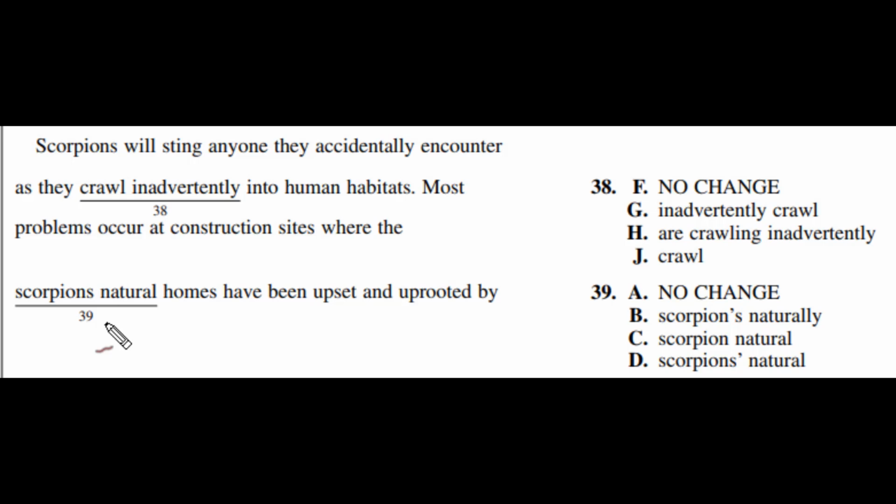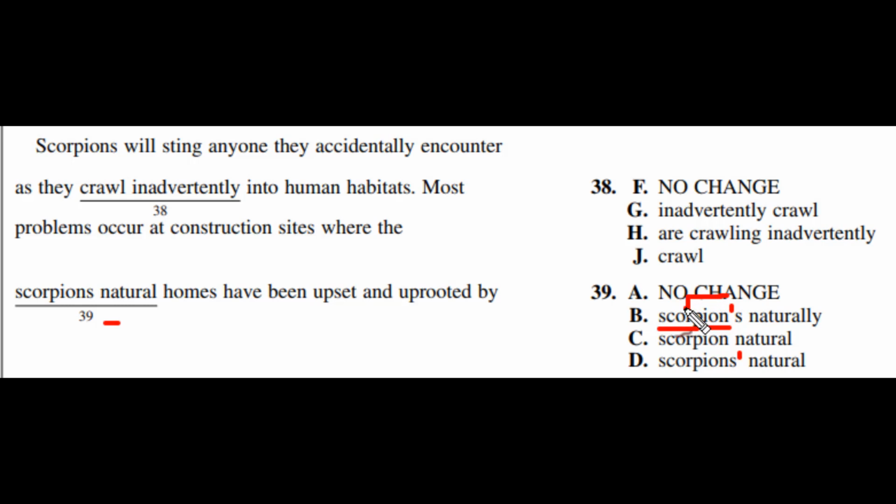Problem 39 is right here, and in our answer choices you can see we have an apostrophe S in B after N and before S, and over here we have an apostrophe after the S. So once again, using the 3 steps that we learned earlier, place your finger over the mini name tag and look to the left.